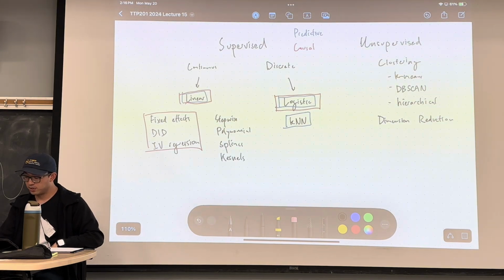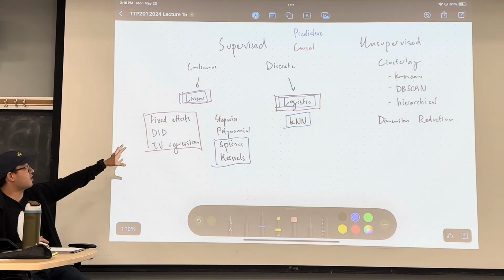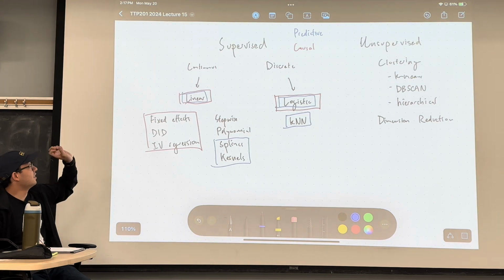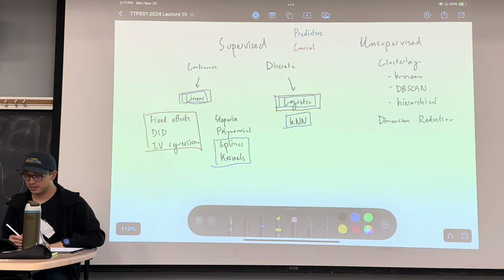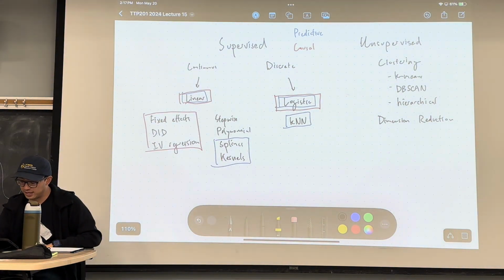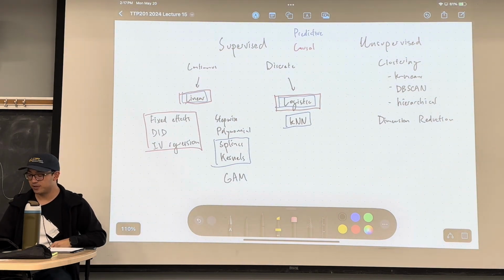And as you get to this level of stuff, you're more solidly in the predictive space. And then I would say the GAM, the generalized additive model, might be something that's actually in between. It's trying to get some of the benefits of both.